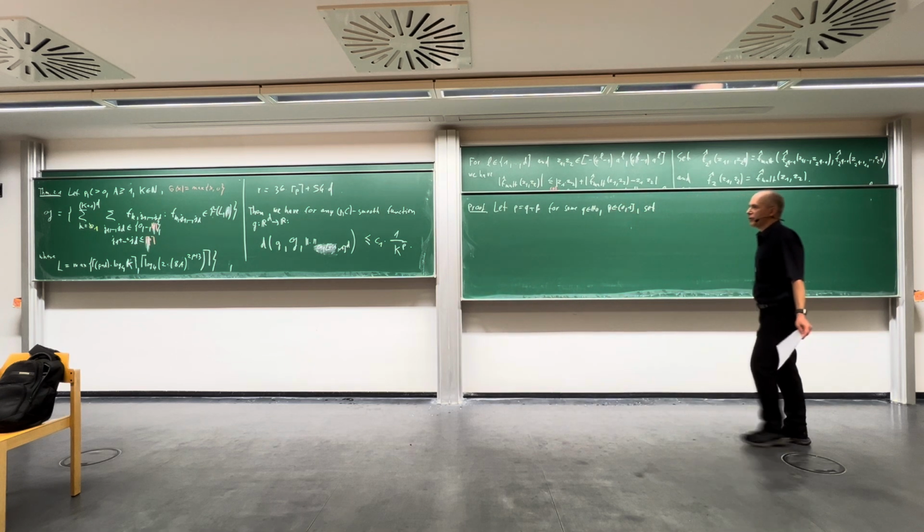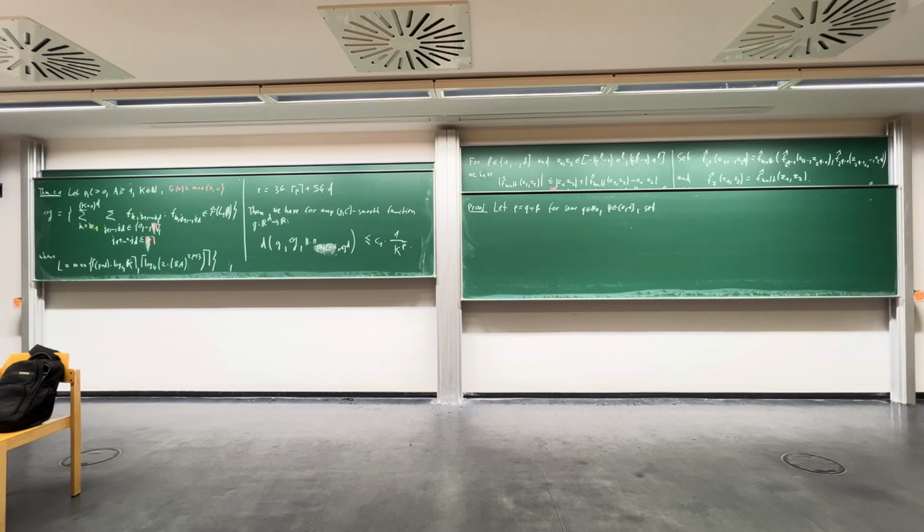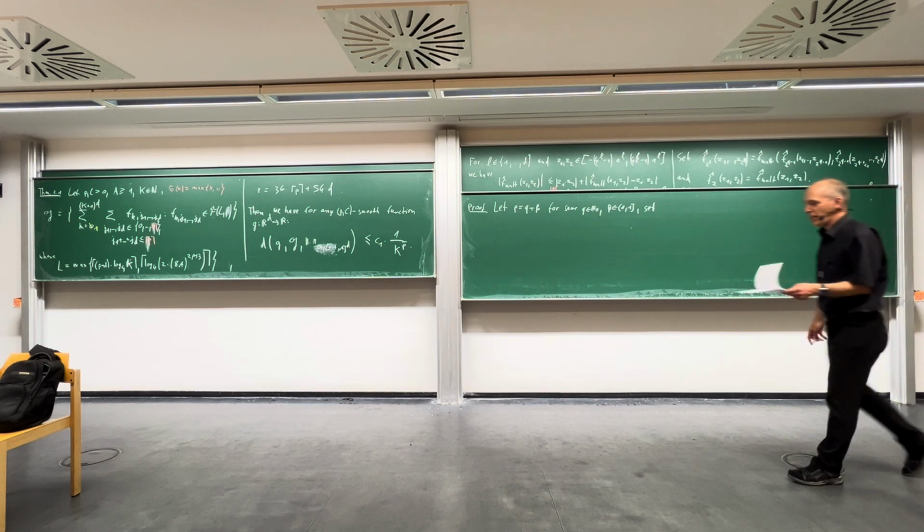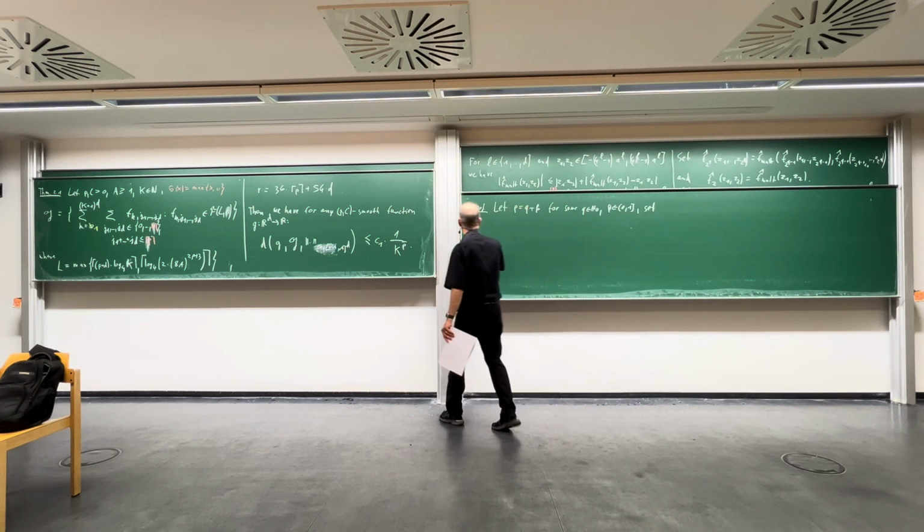I need a formula for the local convex combination of Taylor polynomials of g. That was our P of x.